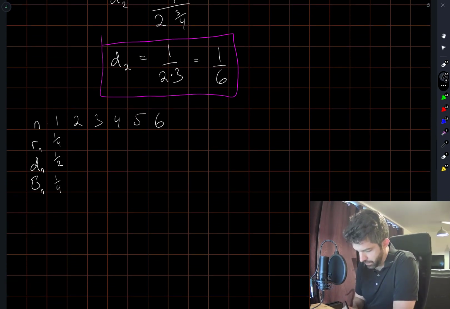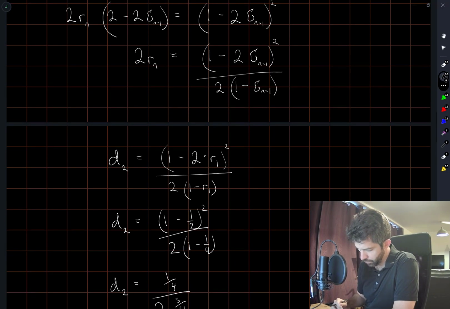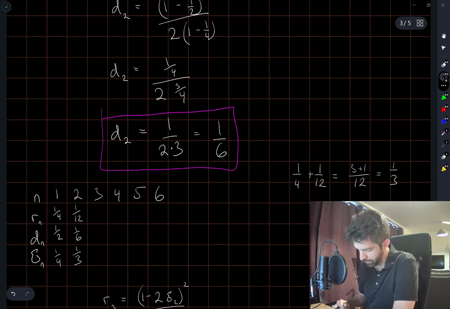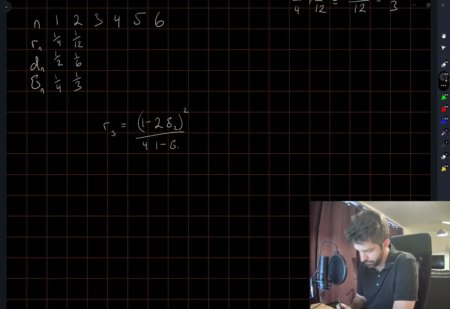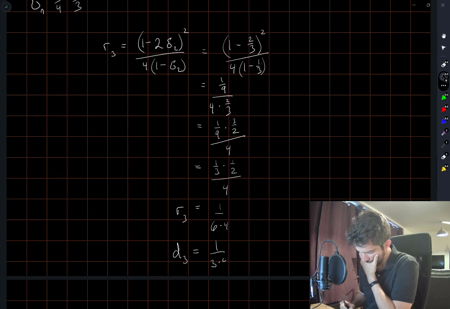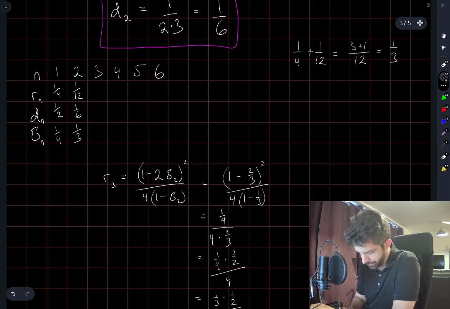So R2 is going to be 1 over 12. D2 is 1 over 6. Sigma n is R1 plus R2. 1 minus 2 sigma 2 squared divided by 4 times 1 minus sigma 2. So there's R3 and D3. R3 is 1 over 24.